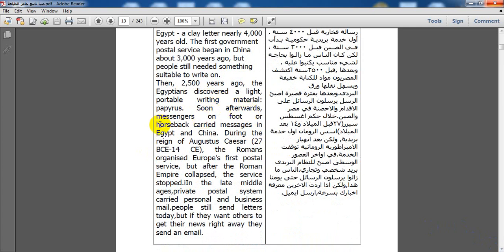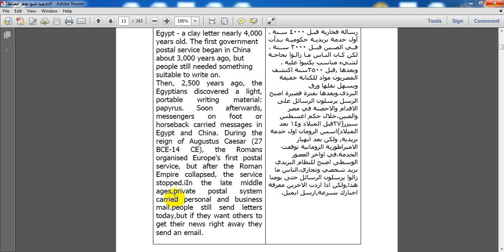Soon afterwards, messengers on foot or horseback carried messages in Egypt and China. During the reign of Augustus Caesar, 27 BCE to 14 CE, the Romans organized Europe's first postal service, but after the Roman Empire collapsed, the service stopped.